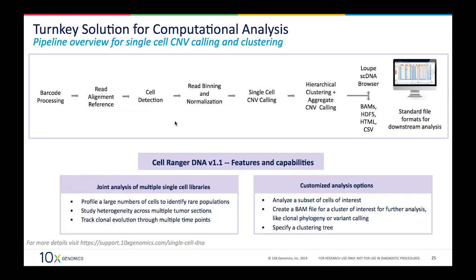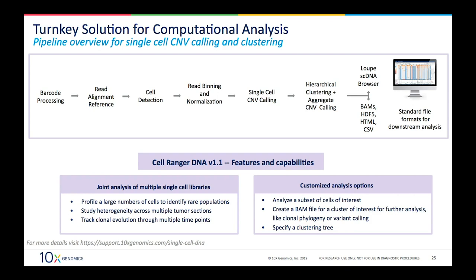So this quickly is a description of the Cell Ranger DNA pipeline that 10x provides you with the system. I'm going to go very quickly through what the pipeline does for you. It'll process the barcode so that it can identify which reads are coming from which individual cell. It will align these reads to a reference, and it will detect what is a cell and what are reads that are coming from cells.